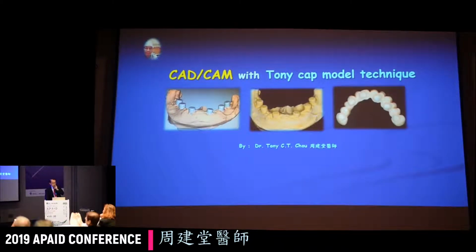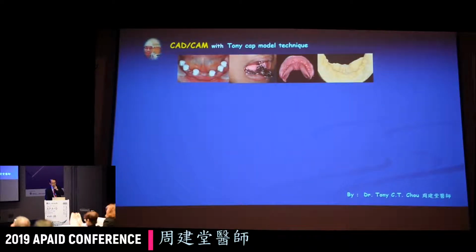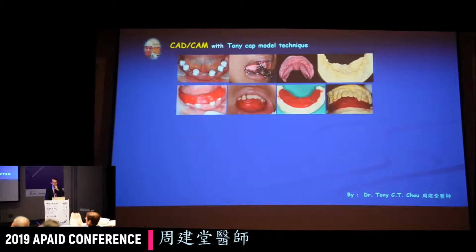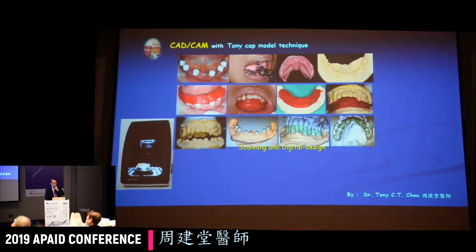Briefly, to introduce how to do this: after surgery, take the impression, and we get a stone model with the Tony cap. Then we take a bite with a wax ring directly in the patient's mouth, and we get a wax ring vertical height bite registration, fix it on the articulator, and put it into the table scanner.